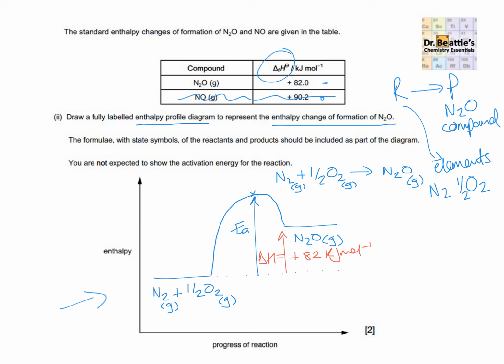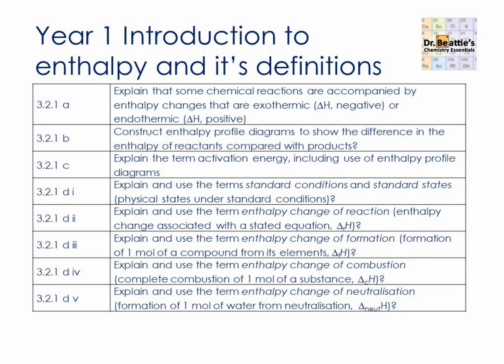So if you got this, you're looking at the 2 marks, mainly the first mark for knowing that the step levels of your diagram are increasing, going from reactants to products because of the plus 82 and the label that's there. And then the second mark is for the correct reactants and products and their state symbols in the correct locations on your enthalpy profile diagram.